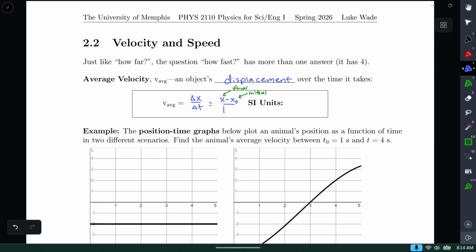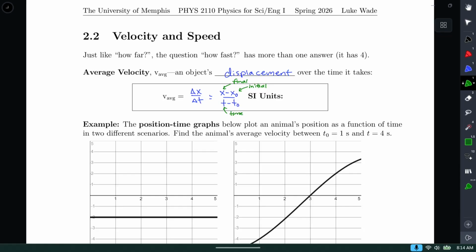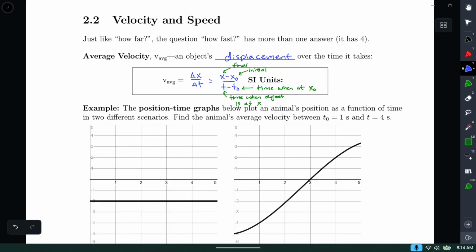And same for that time span. So this is the time when the object is at that final position X. This is the time when it's at that initial position X0. A lot of times that ends up being 0 because we start the stopwatch when we observe the object to be at X0.